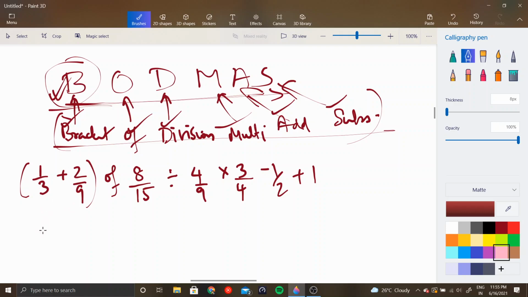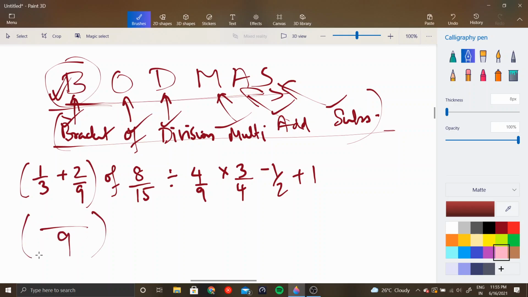How to add these terms? LCM is 27. You have 9 into 3 plus you have 2 into 3, right? Is that so? No. You don't have an LCM of 27 when you're dealing with this. The LCM is basically 9.